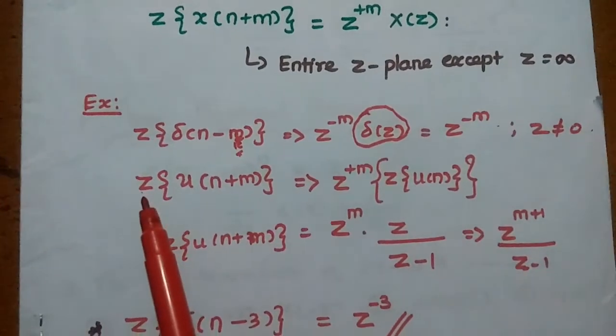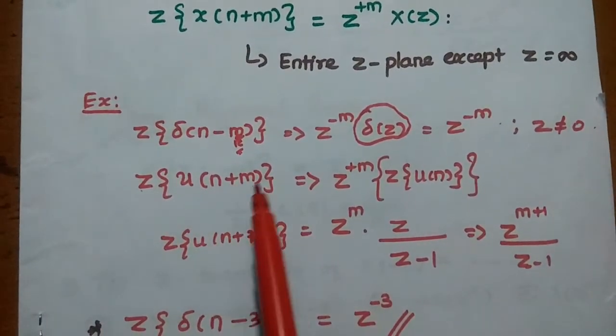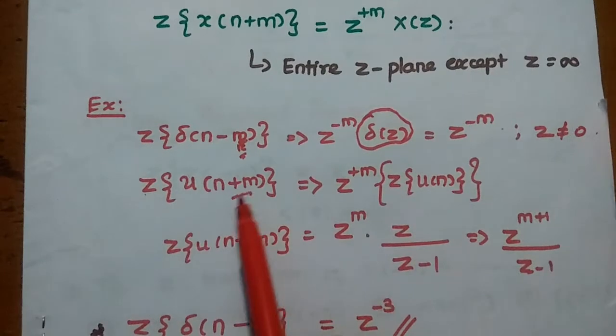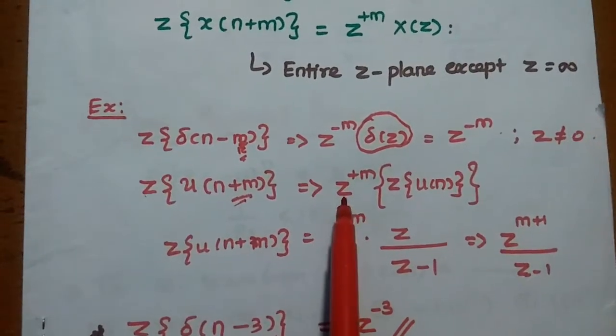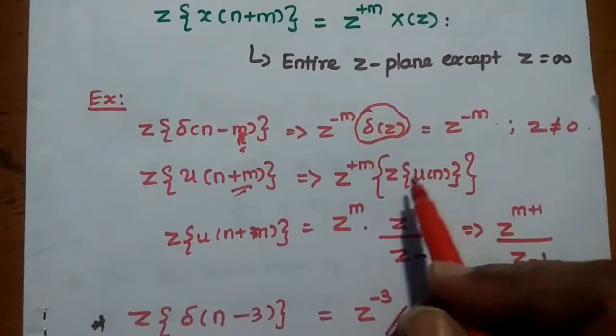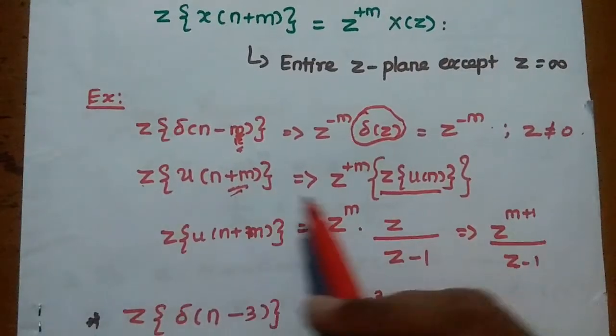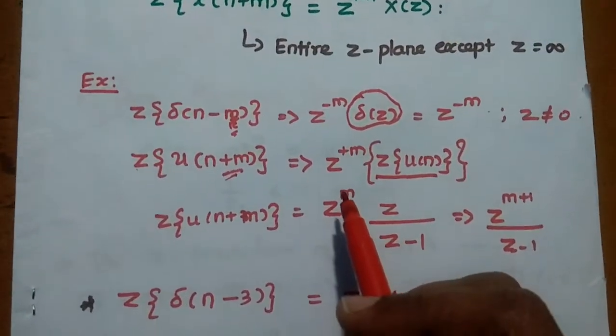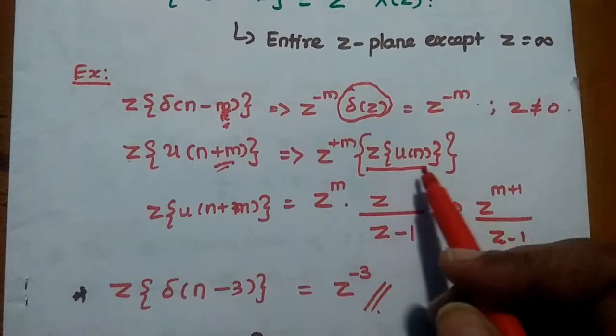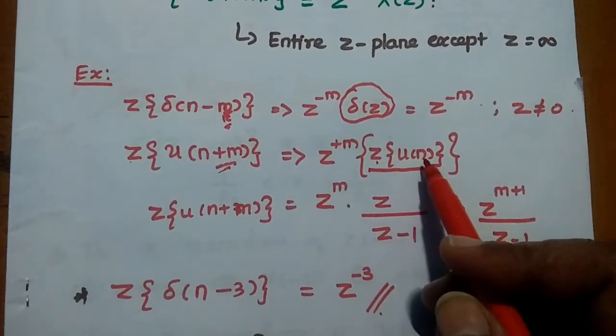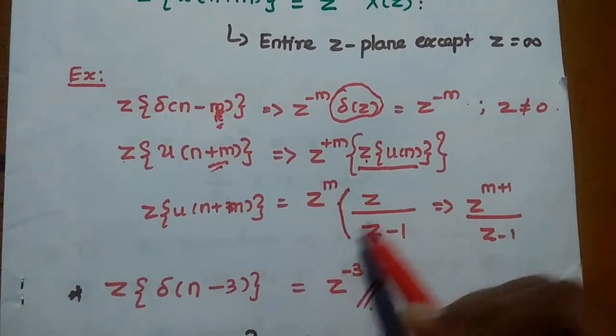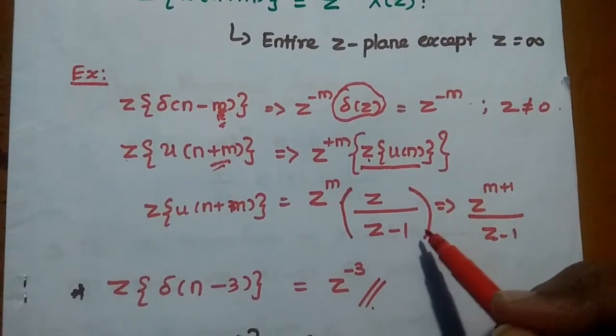Next one is the Z transform of u of n plus m. Here it is plus. So we are going to multiply the Z transform of u of n with z power plus m. As we know, the Z transform of u of n is nothing but z divided by z minus 1.